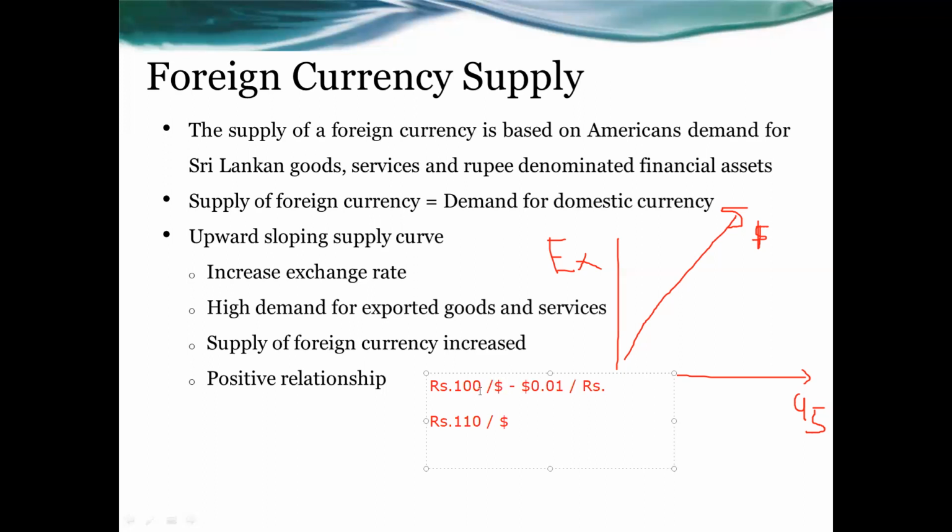If you convert into the indirect quote, that means per rupee, the dollar is 0.01. Now when the exchange rate increased to 110 from 100, this rate is declining. The US dollar value is now declining.